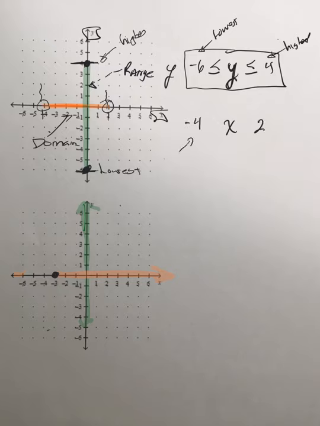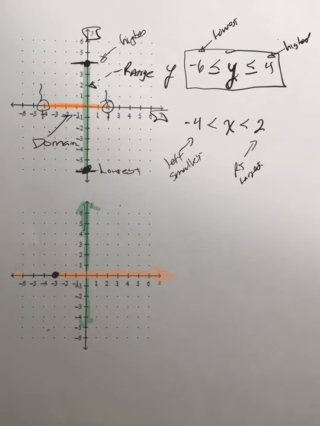We always put the furthest to the left, or the smallest number, and we always put the furthest to the right, or the largest number, when we're doing a between statement. And when we're talking about between, it's always less than or equal to. And since those are open, we're not going to put an equal to symbol in there because it's an open circle. So how did you do?